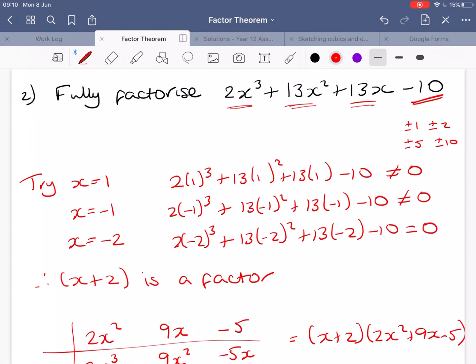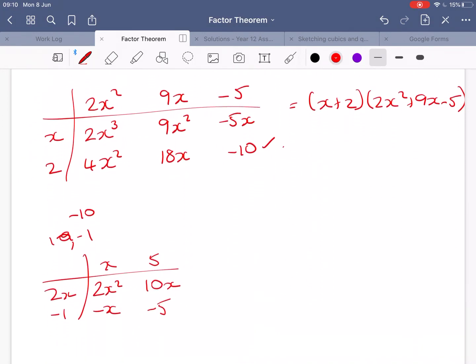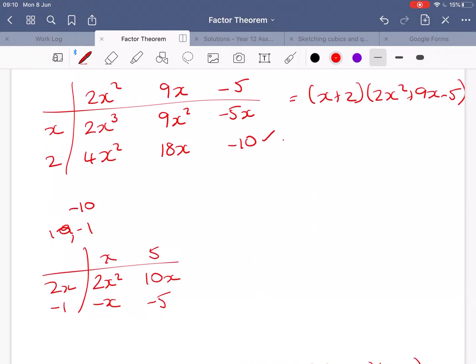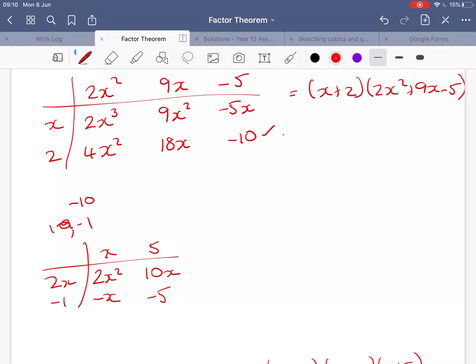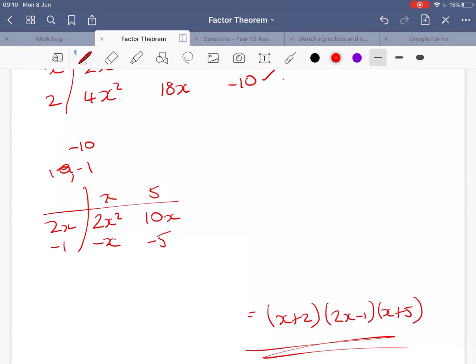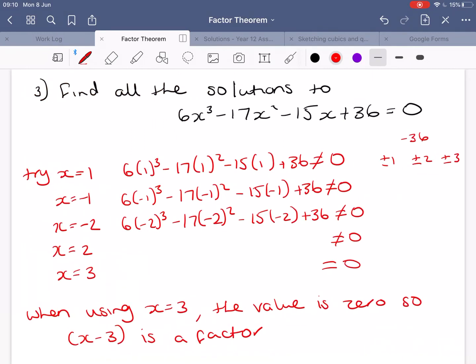It's never going to be negative if your x is positive, which is why I didn't bother with x equals 2 and I just went to x equals minus 2. But it shows x plus 2 is a factor, so you do your polynomial division, factorise, and you end up with x plus 2, 2x minus 1, and x plus 5.